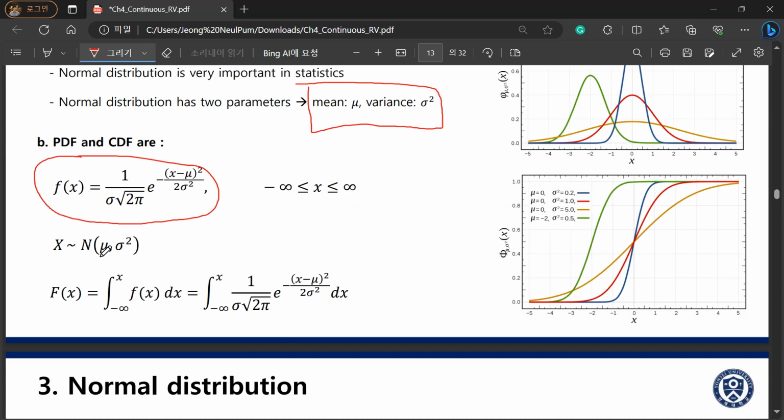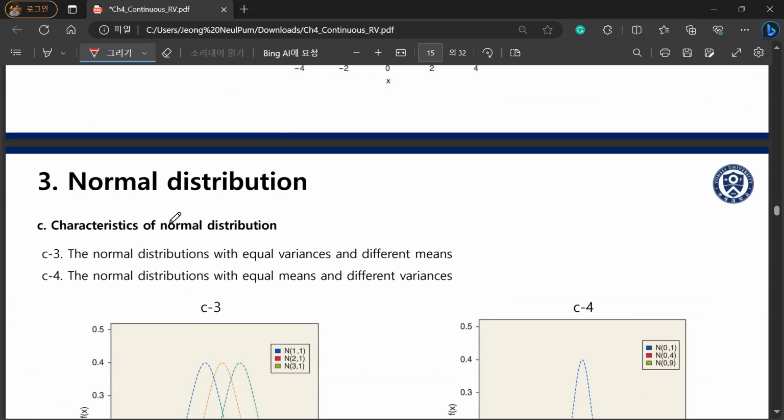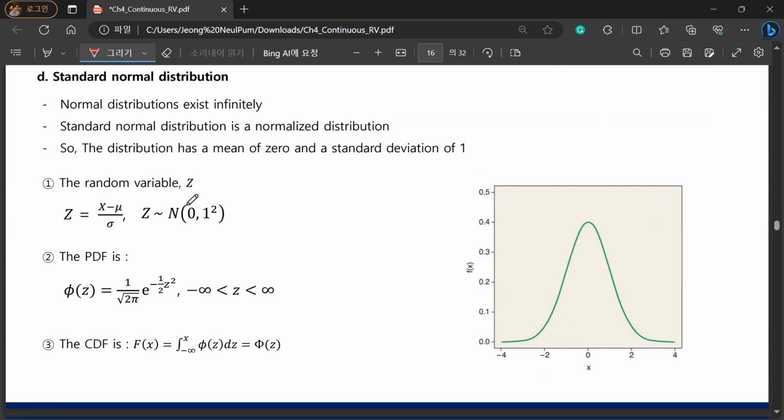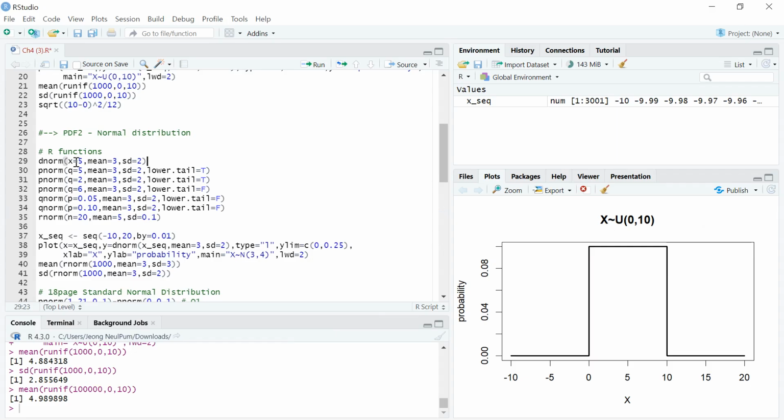So if we have our mean and standard deviation value, we can always get the density or percentile or quantile or random sample by using the same kinds of functions, which are the dnorm, pnorm, qnorm, rnorm functions.